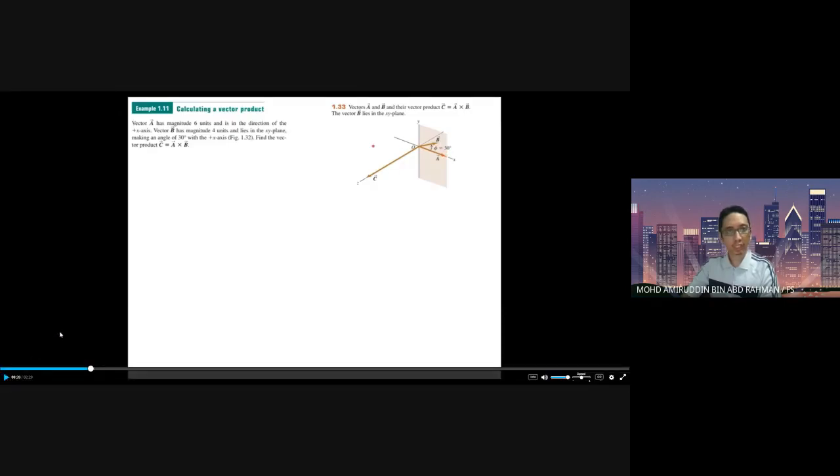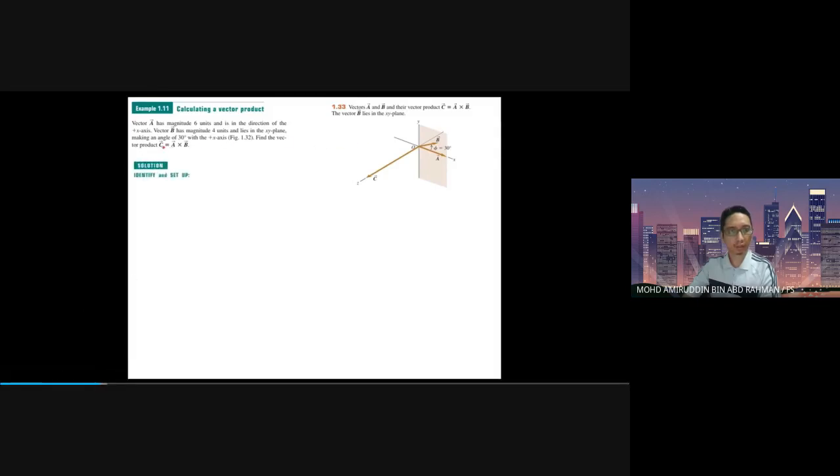The information here: you have the 6 units of vector A, and the direction is on the positive x-axis, and B is making an angle of 30 degrees with that x-axis. The vector B has a magnitude of 4 units.